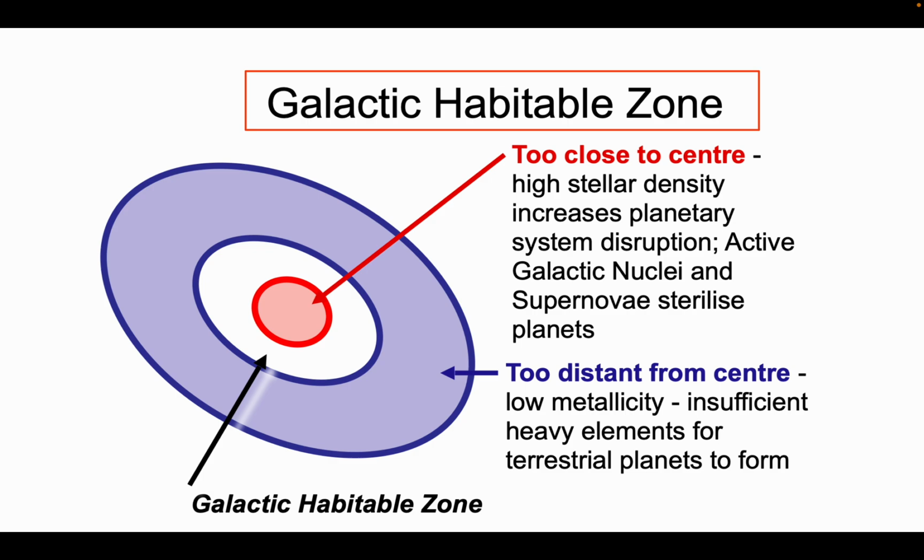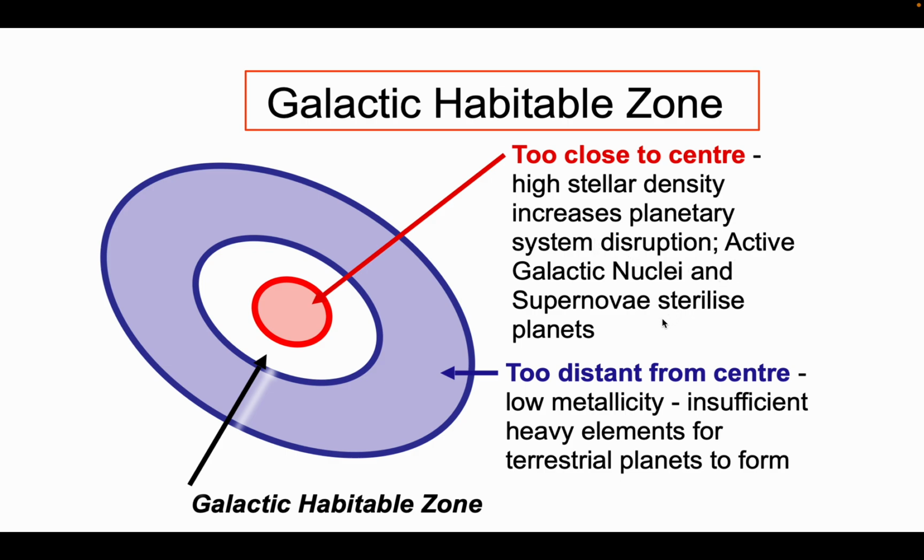Another idea about habitable zones is the galactic habitable zone. Suppose here is a galaxy. This is the very central region, this is the outer portion of the galaxy, and this is the middle portion. Too close to the center, there is higher stellar density, which would increase planetary system disruption.